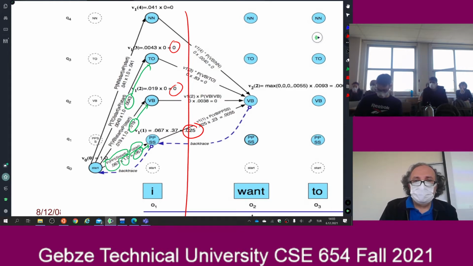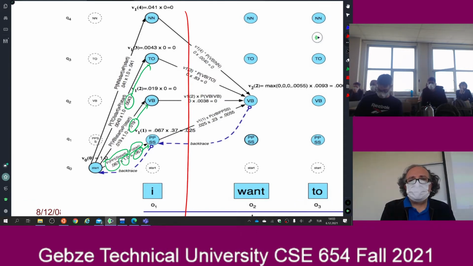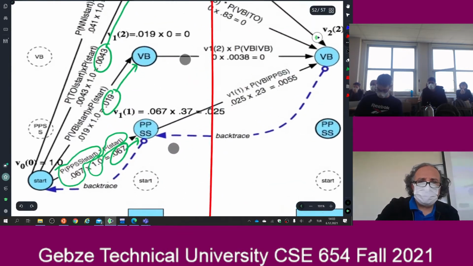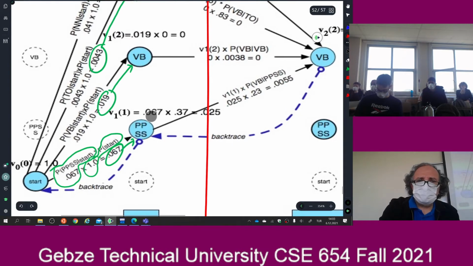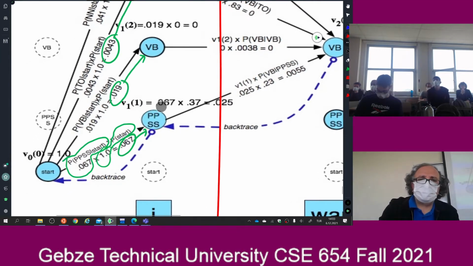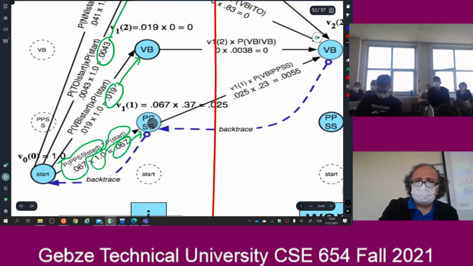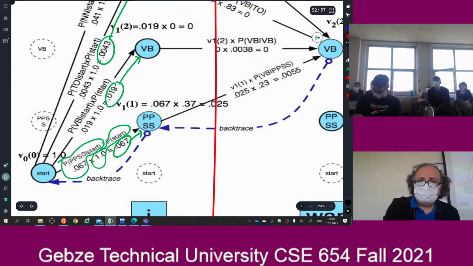Yeah, now I have seen. Okay, so what is this? Maybe I asked that question too early. What is this number now? This one is the probability of transition from the beginning of the sentence to this part, okay? Not just the probability between these two.